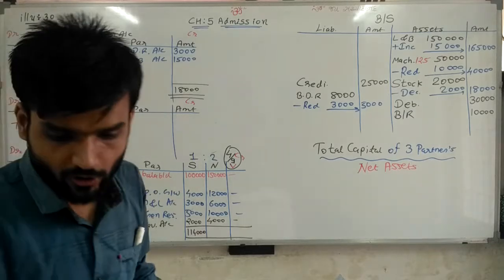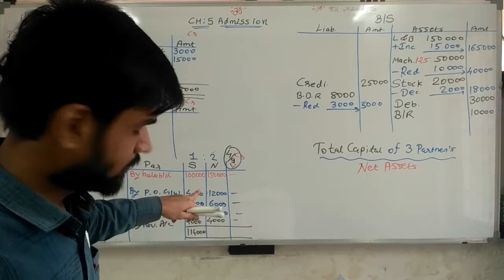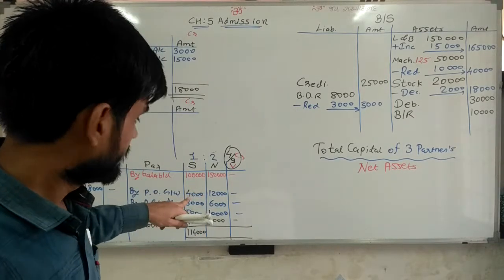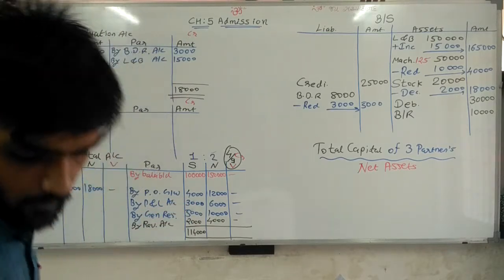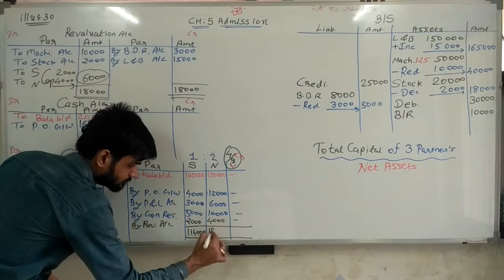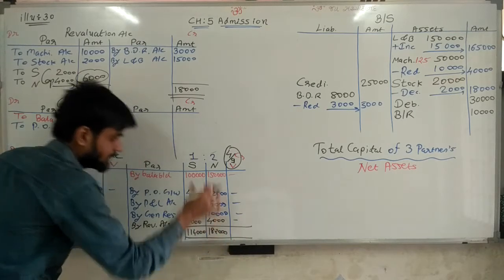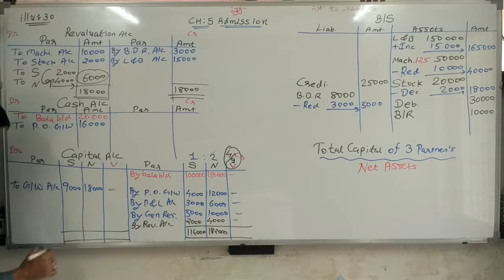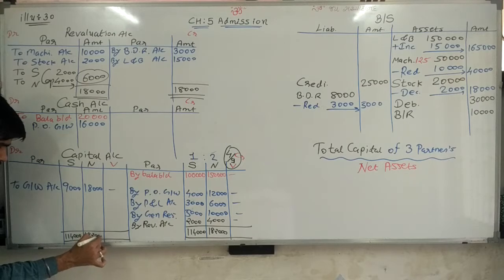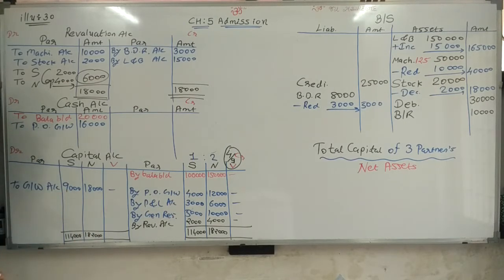In the same way, going ahead: 150,000, 12,000, 6,000, 10,000 and 4,000. Total is 182,000. Writing this total here also. Now from this total, we are deducting 9,000 and 18,000.